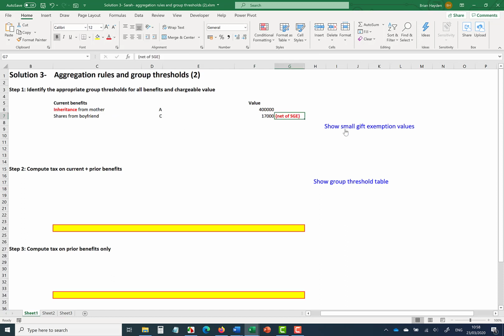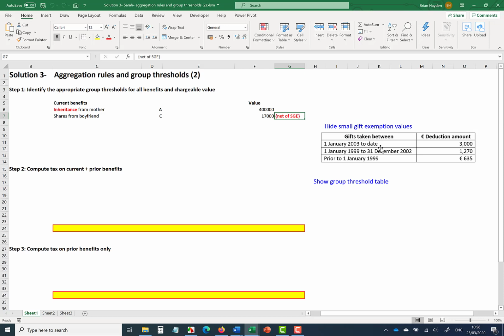I just want to show the small gift values. So the current deduction is €3,000 for gifts. Prior to January 2003, you can see there were different values. So those are the current benefits. So we're going to be calculating for Group A and Group C. So we need to just check in relation to prior benefits what A group and C group benefits were received.